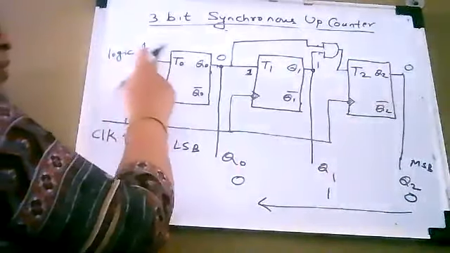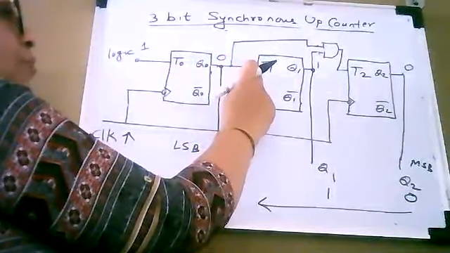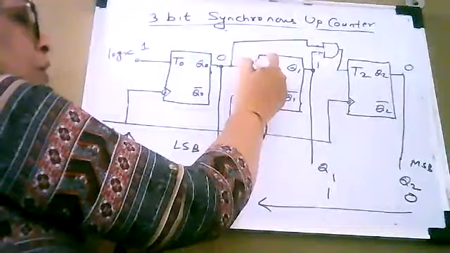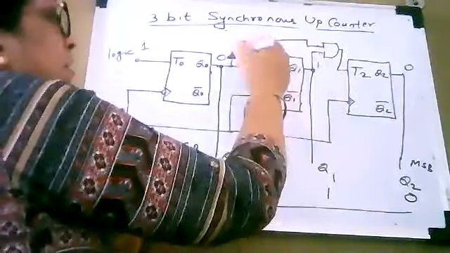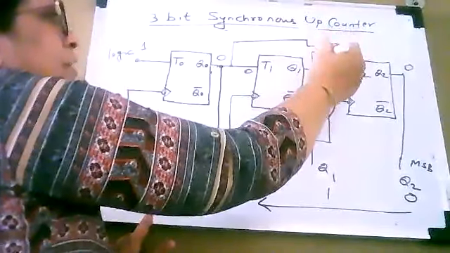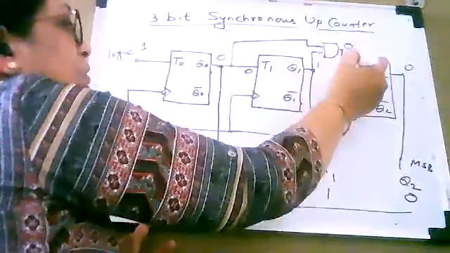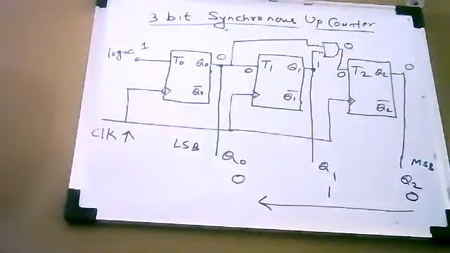Now input to T0 is always logic 1. Here you can see input to T1 will be 0 now. It is not 1, it is 0 now. And input to the AND gate is 0 and 1, and therefore its output will be 0. So input to the third flip-flop will be 0.